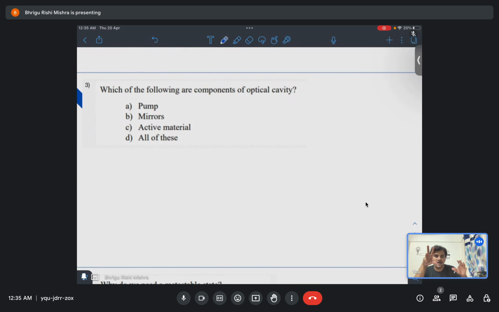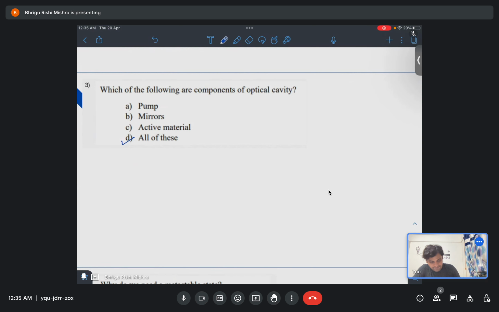That entire region is known as the optical cavity resonator. So all these three components are present in the optical cavity. So the correct answer is D, all of these.